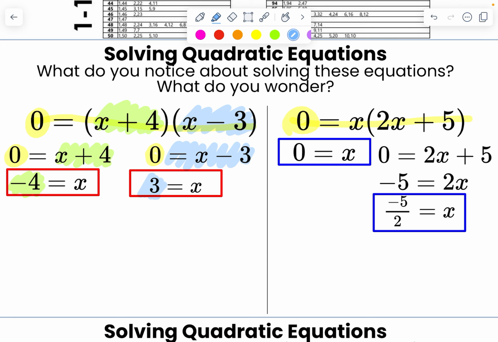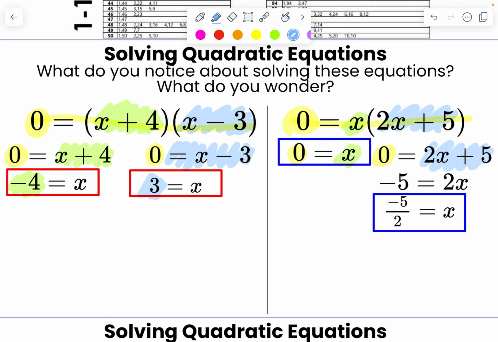There's only one set of parentheses, but we still know this is factored form because factored form we define to be breaking things into pieces that multiply, right? Parentheses mean multiply. So you might see oh yeah, there's 0 and there's a set of parentheses. Maybe you'll notice that you set 0 equal to the first thing and 0 equal to the second thing, right?